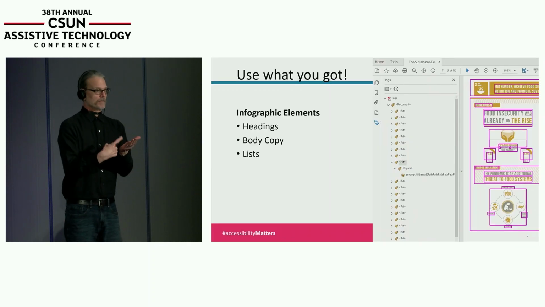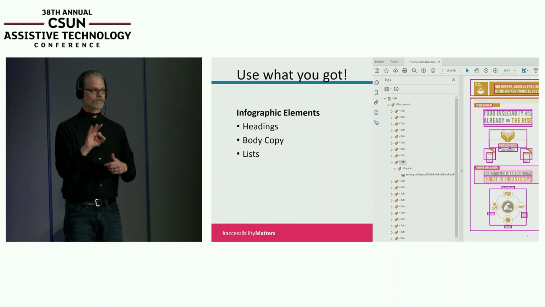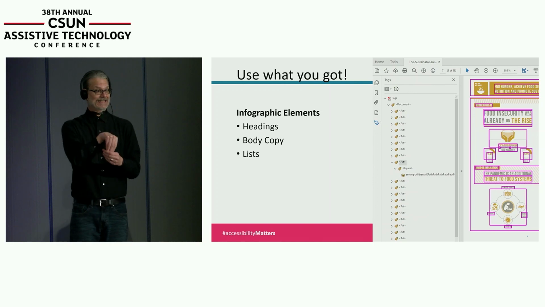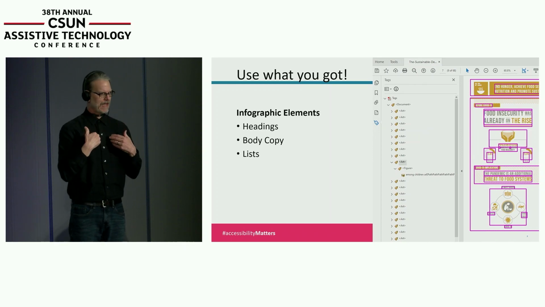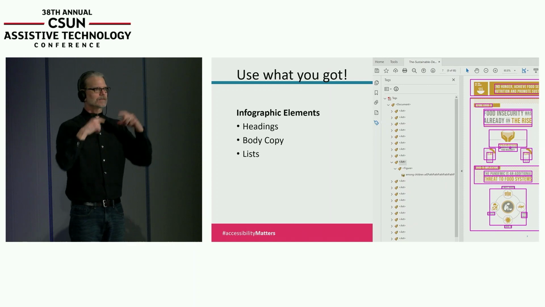Sometimes you have a PDF that was created in Illustrator. And in the example on the screen, we can see inside the tags tree that each of all of these elements in this infographic that talks about food insecurity has an individual element. It has headings and body copy and a list.